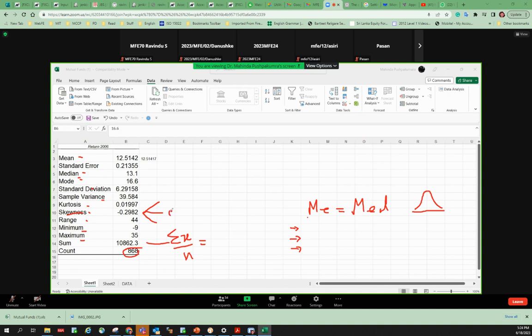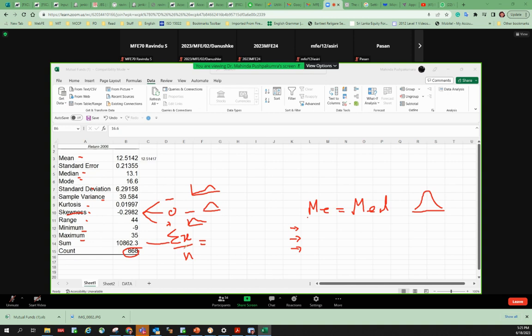If it is 0, then bell shape. If it is minus, then it should be left skewed. If it is plus, it is right skewed.